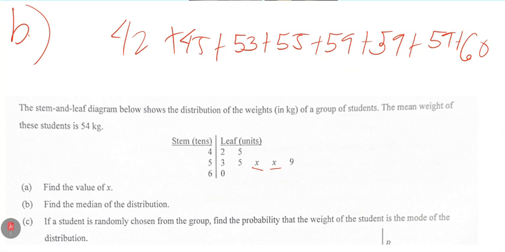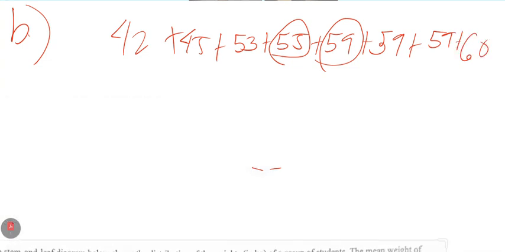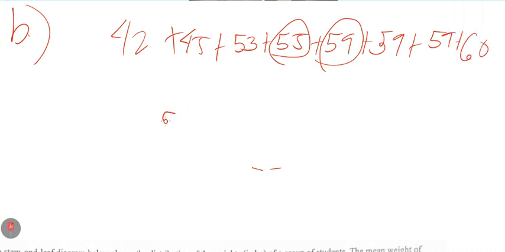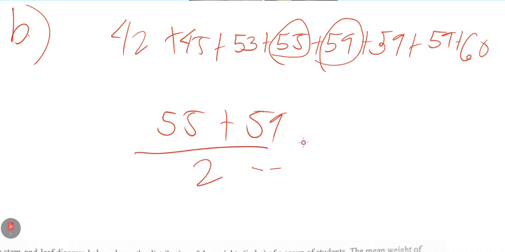So let's find the fourth and the fifth: the fourth is 55 and the fifth is 59. Since it's an even count, we add 55 plus 59 over 2.